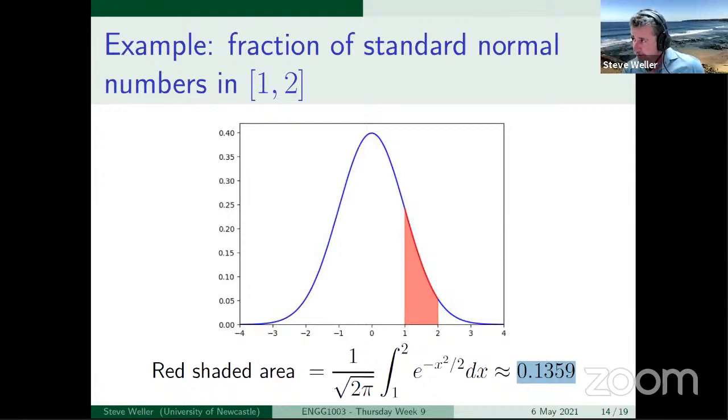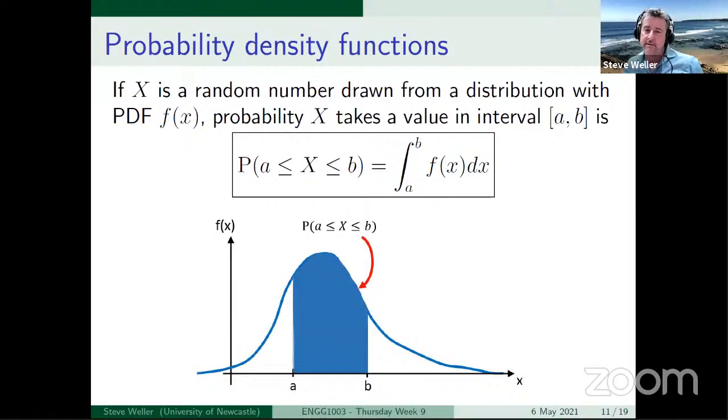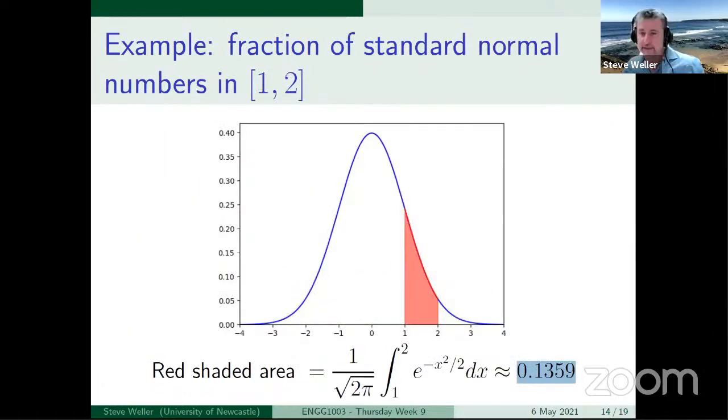The interpretation: because the blue curve is a standard normal PDF, the red shaded area is the probability of a random number drawn from that distribution taking a value between 1 and 2. That's this area interpretation of the PDF. Page 11 is in general form. On page 14, it's a very particular form, the standard normal PDF, where A and B take the values 1 and 2.